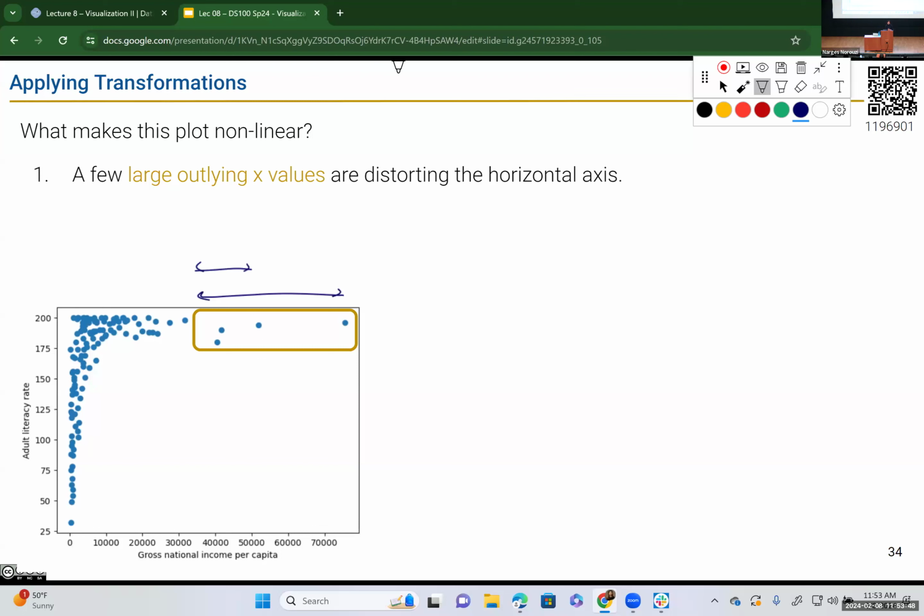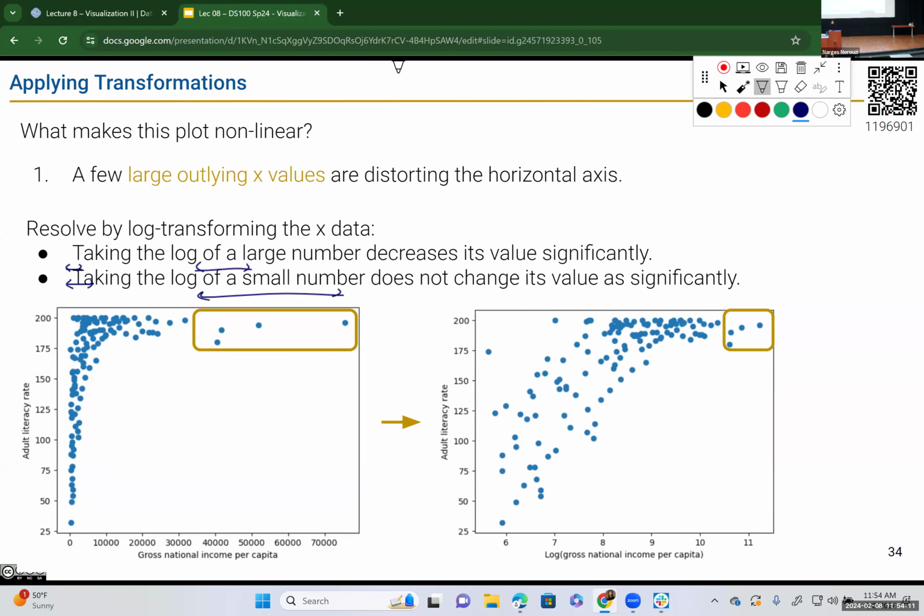But when I'm looking at the distance between, for example, two values right here, I want these distances to shrink proportionally less. So everything is going to reduce in value, but I want to shrink large values more, which is what we know from math that a log transformation is going to do for us.